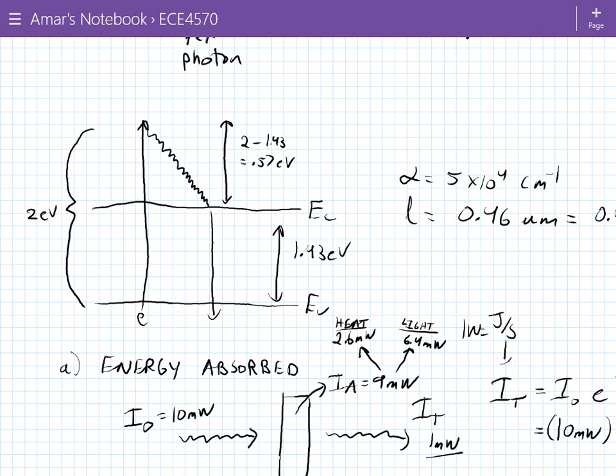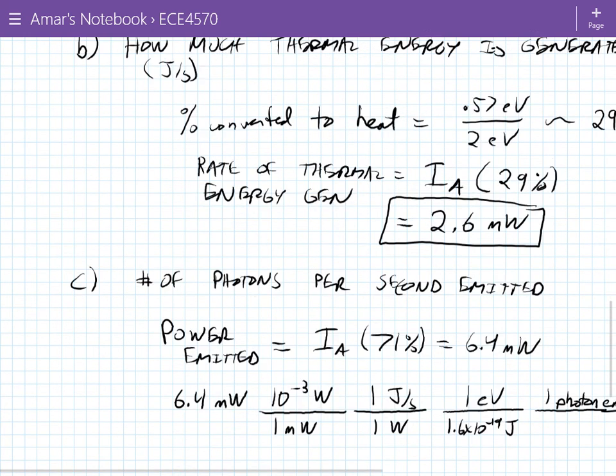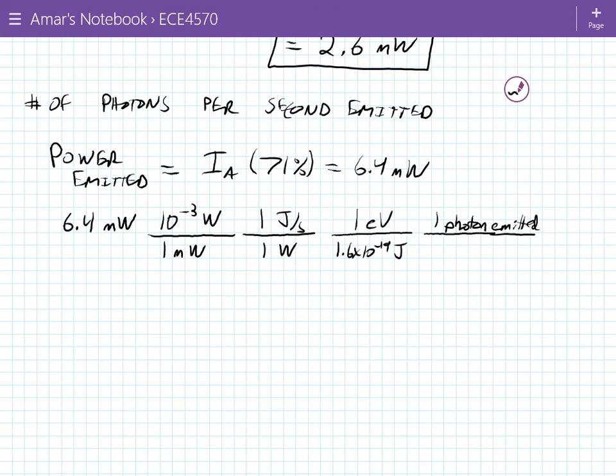Every photon emitted is giving off 1.43 electron volts of energy. All right, so now if we do the unit cancellation here, the milliwatts cancel, the watts cancel, the joules cancel, the electron volts cancel, and we're left with photons emitted per second.